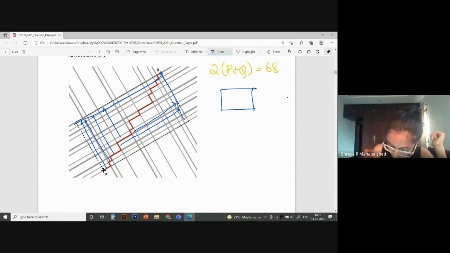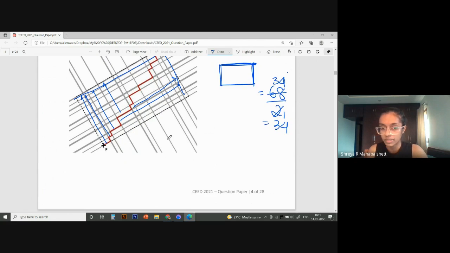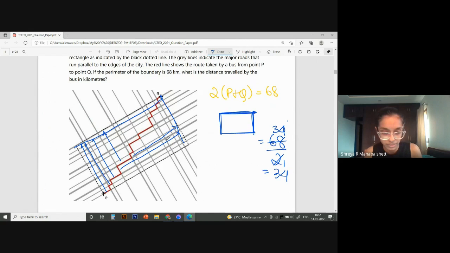A perimeter is this plus this plus this plus this, and I only need this and this. That is nothing but 68 divided by 2. Two 34s are 68. So the answer is 34. See, it looks complicated, but it is actually quite simple. When you do not have enough information for calculating something, you have to do some sort of a jugad to come up with the answer.